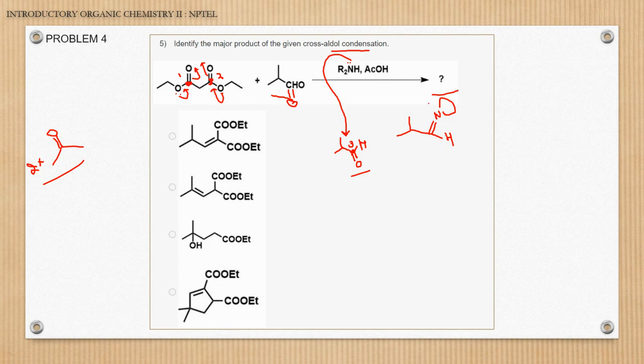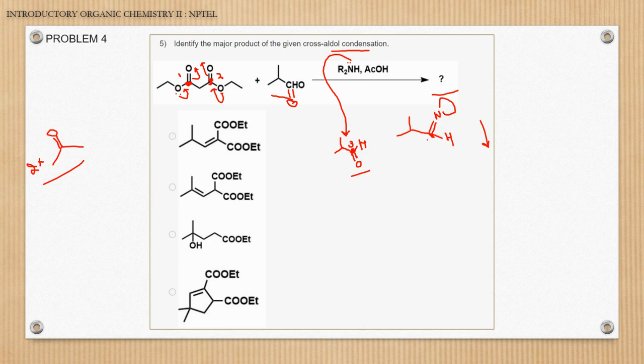So it is activating your aldehyde, and now what will happen? It is making it more electrophilic than it was previously. In this aldehyde case, the electrophilicity of this carbonyl carbon drops after the formation of this enamine.